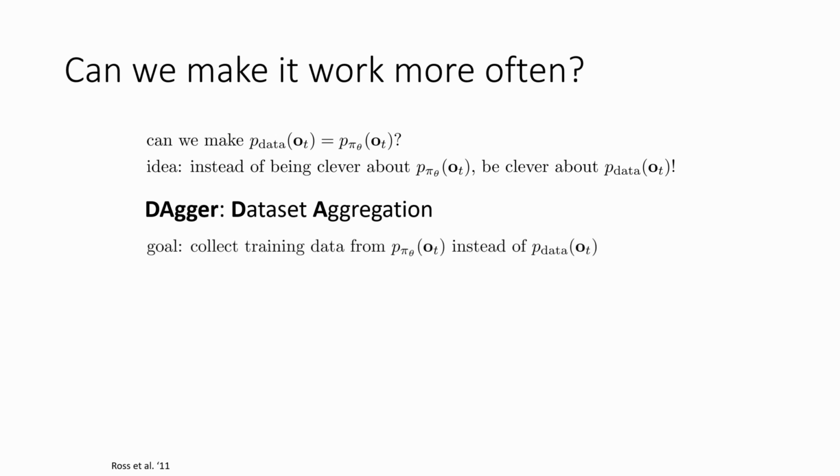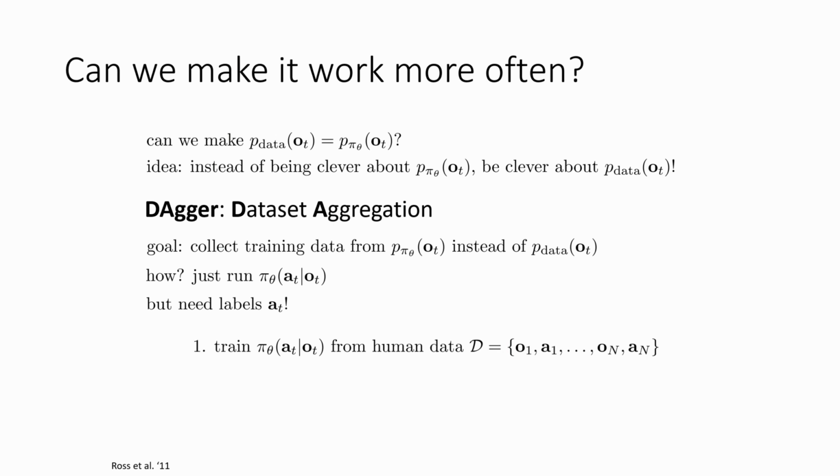And the goal of this algorithm is to collect training data from p pi theta instead of p data. Because if we can do that, then we'll be training on the same distribution as we'll be testing on. So how do we do that? How do we collect data from p pi theta? Very easy. We just run our policy. Because when we run our policy, we're sampling observations from exactly the right observation distribution. The problem is that we need to label those observations.